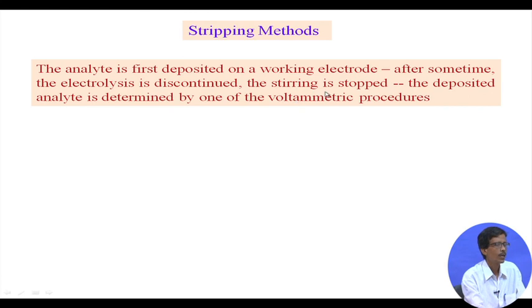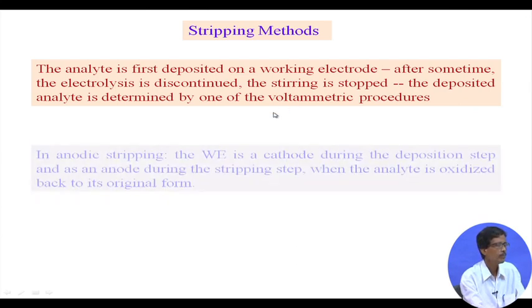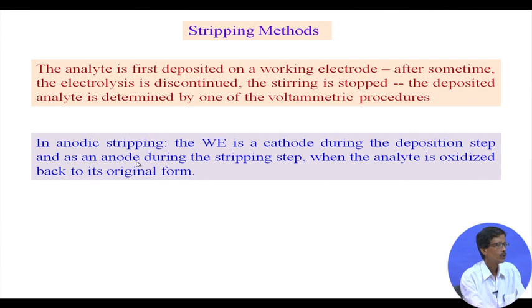Then the stirring is stopped, and the deposited analyte is determined. You know how much analyte is deposited by one of the voltammetric procedures you have used so far. The first of this kind is anodic stripping.